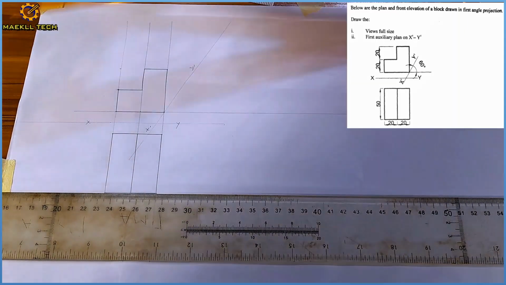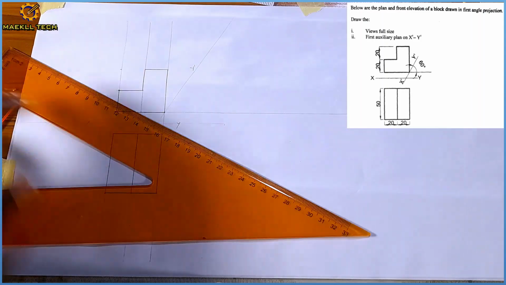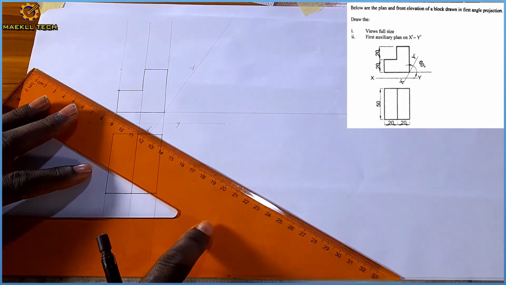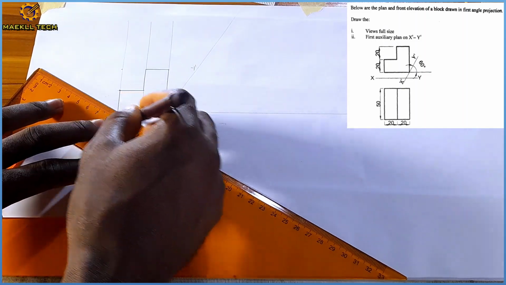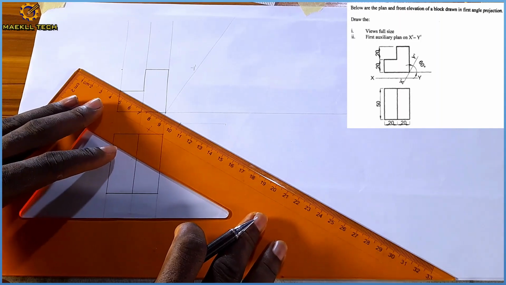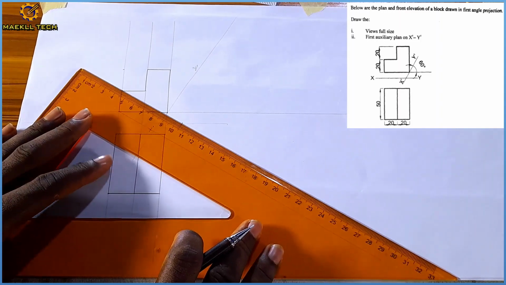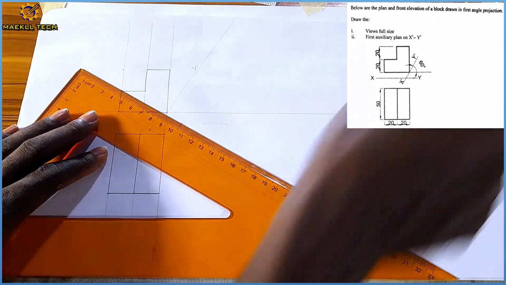That's the meaning. So with that settled, I pick my 30 degree set square. I slide it to this mark here, like this. I draw faintly, it will be a thin line. You are projecting all the junctions. So ensure your T square and set square are sitting comfortably and perfectly.